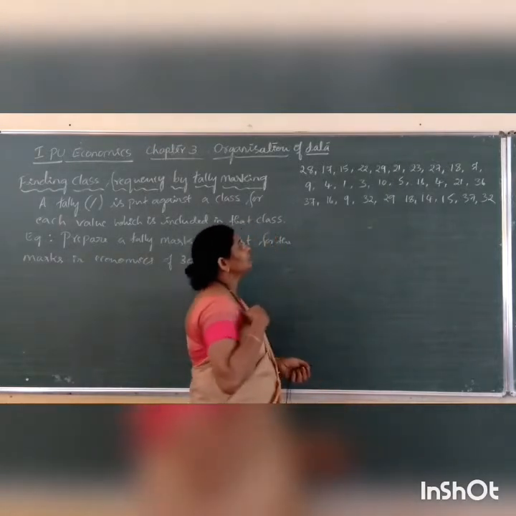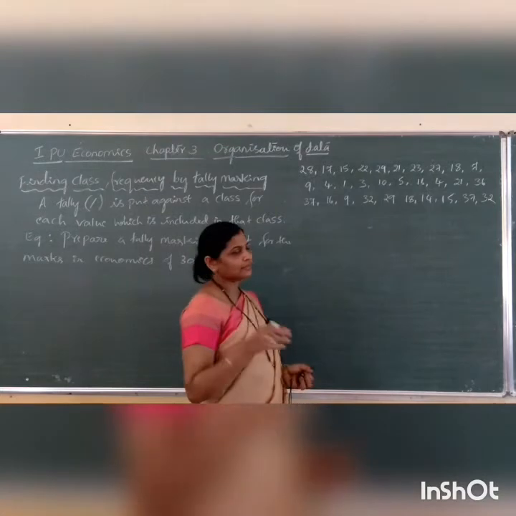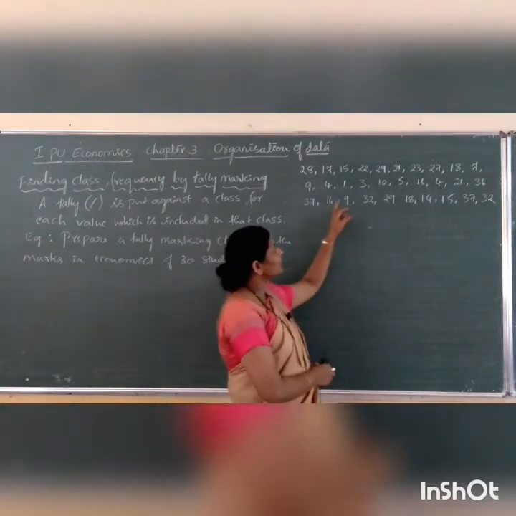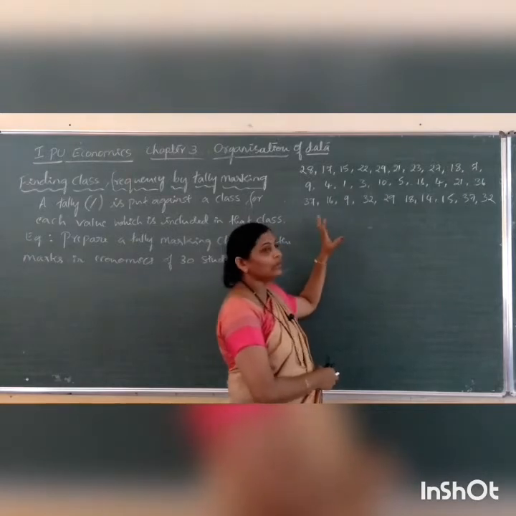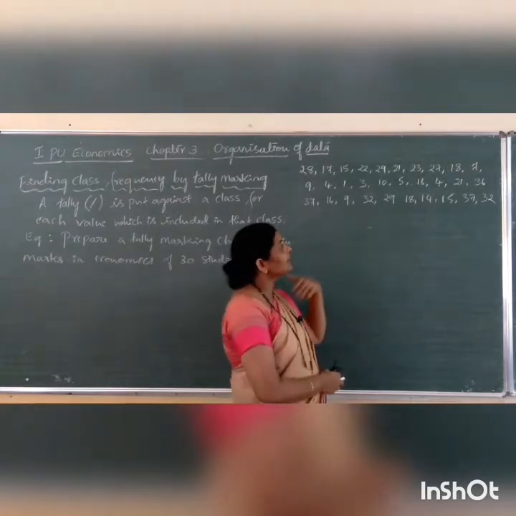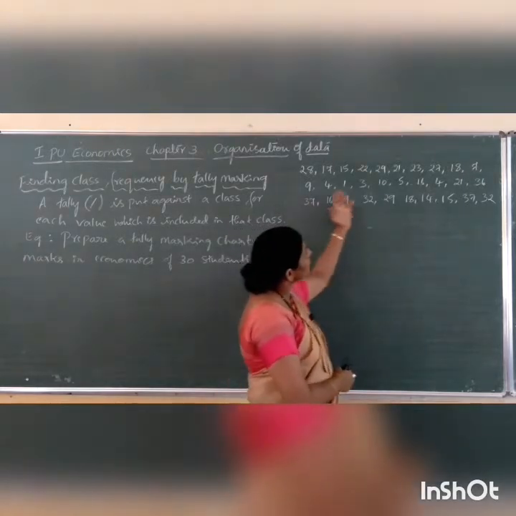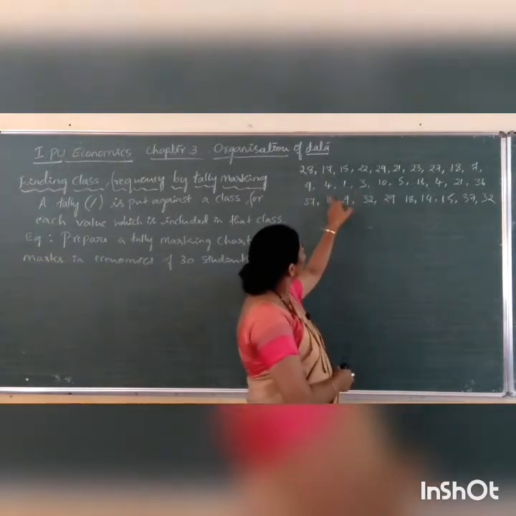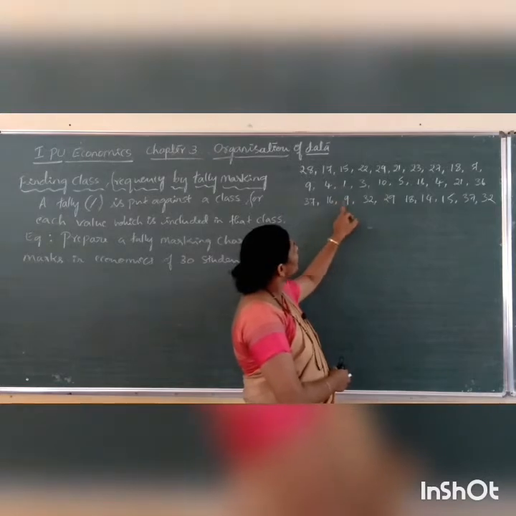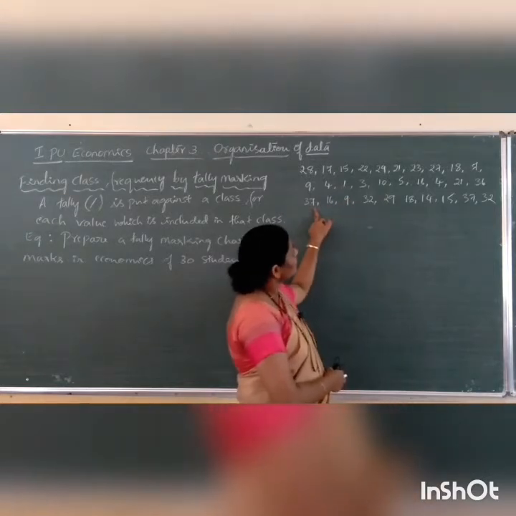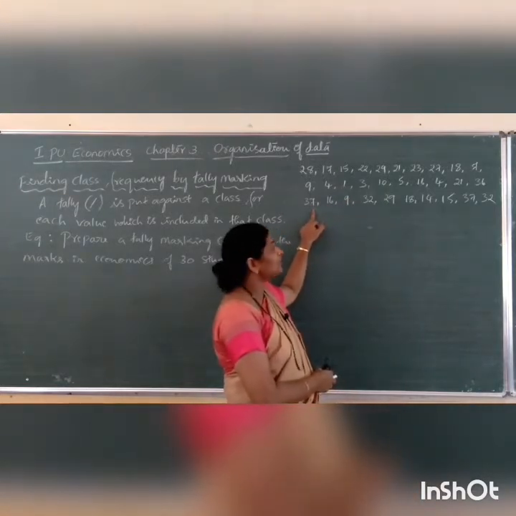So how to write the classes? First we need to find out the lowest value and the highest value among the observations. The lowest value is 1 and the highest value is 37, isn't it?